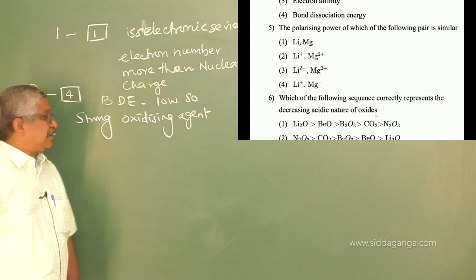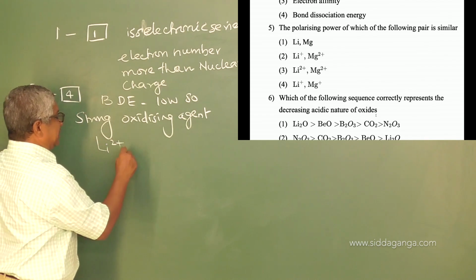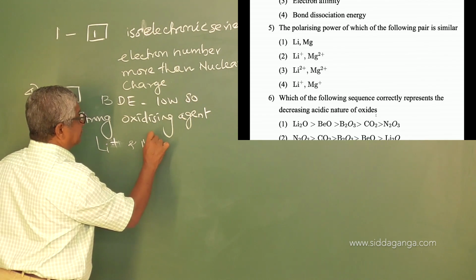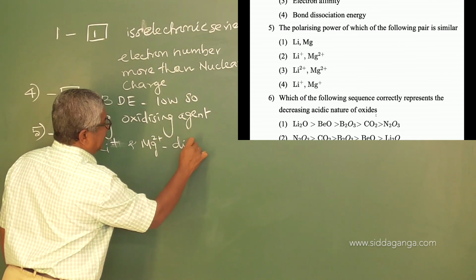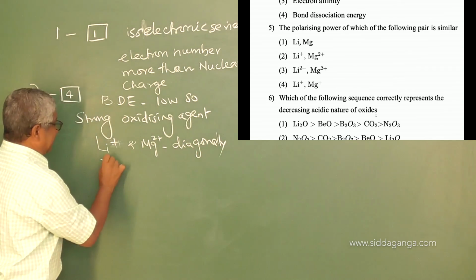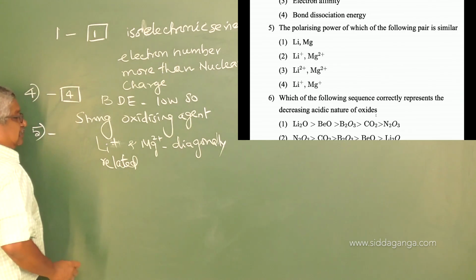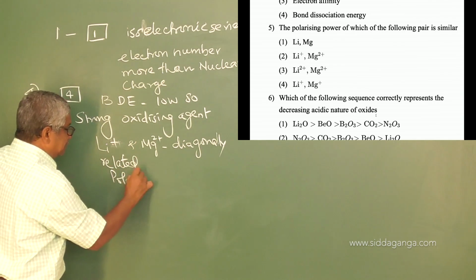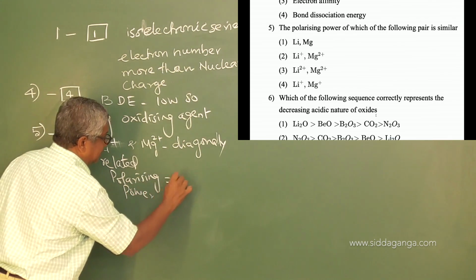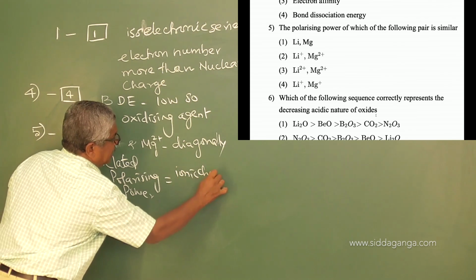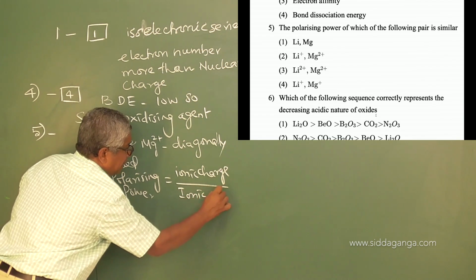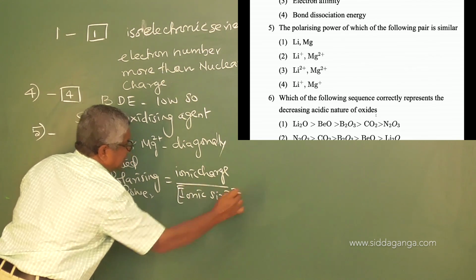In that, lithium ion and magnesium ion are diagonally related. Because the polarizing power is ionic charge divided by ionic size to the power 2.